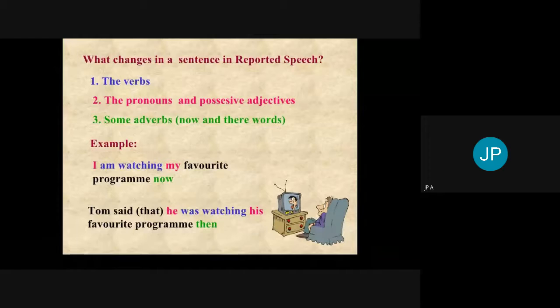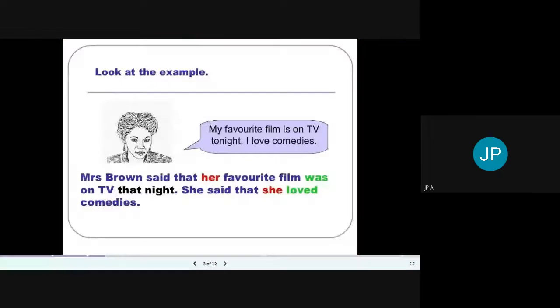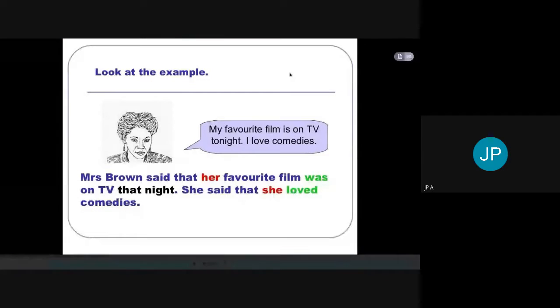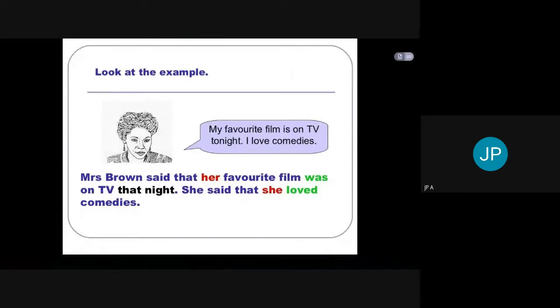Let us look at one other example to understand what changes happen. Just look at this example. My favorite film is on TV tonight. I love comedies. The lady's name is Mrs. Brown.